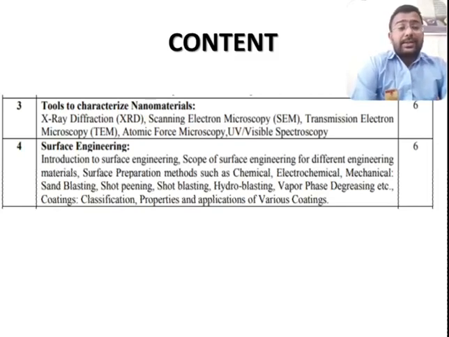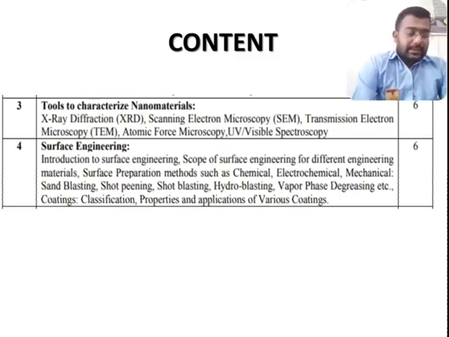The first topic is introduction of surface engineering. That means what is surface engineering, when it is used, and why surface engineering is required. The other topic is the scope of surface engineering for different engineering materials.